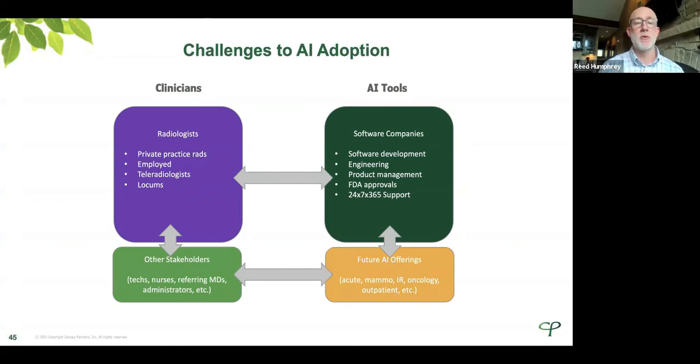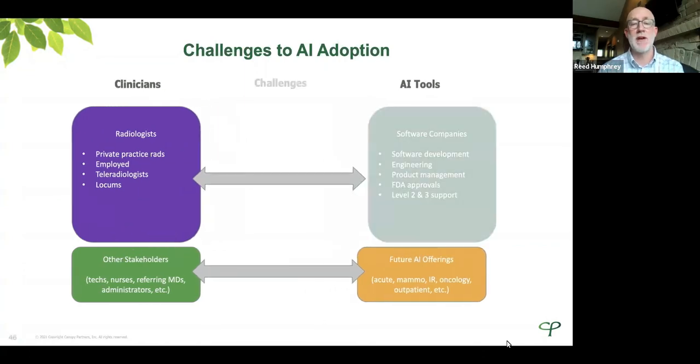In addition to the radiologist, on the left side of this example here, you have other stakeholders, which would be your techs, your nurses, your referring MDs, other specialties, hospital administrators that also are going to need information from this. So you've got a lot of stakeholders here, and you've got to coordinate this and make sure that everybody is making best use of the tools and knows how to utilize it.